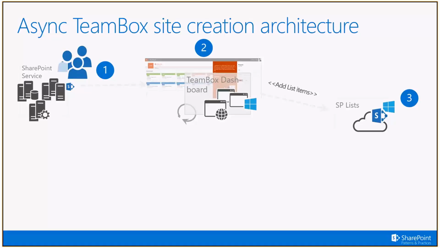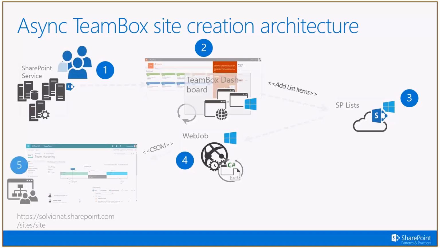And as soon as the user saves these list items, an Azure Web Job kicks in, goes through the items that you as a user created, and depending on the configuration of the solution, for example, we create a site collection in your Office 365 tenant with a given template, with a given theming or customer design, whatever you have in mind.